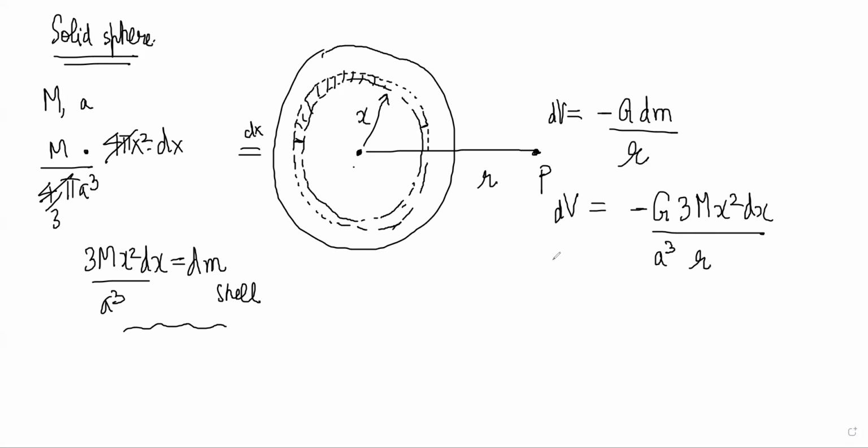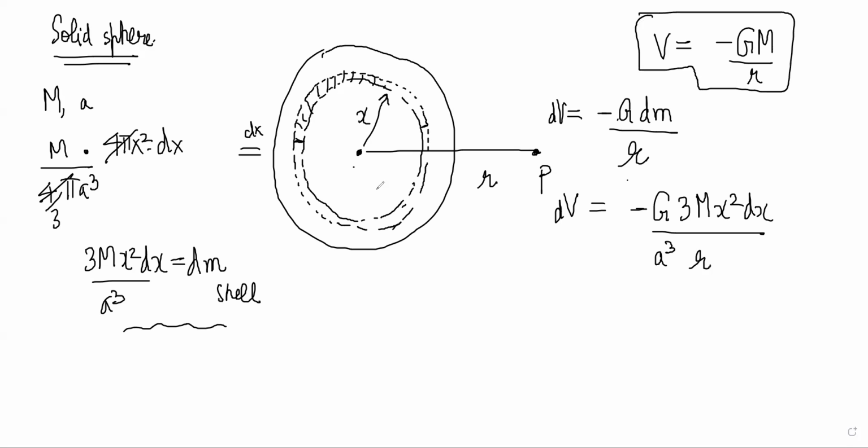And actually we don't need to do much here because G and r are fixed now. So you can just directly integrate and say it's minus G capital M by r. The small r is fixed, G is a constant. The dm is the only thing that changes as you make many more different shells.